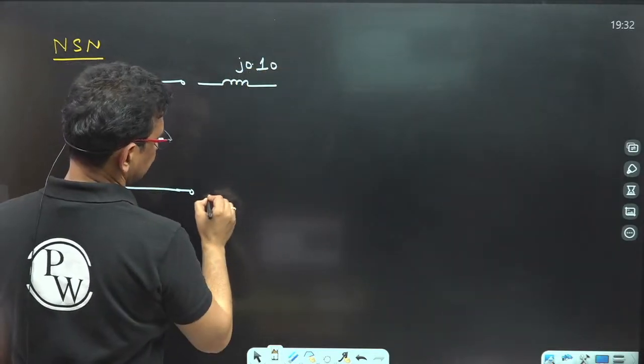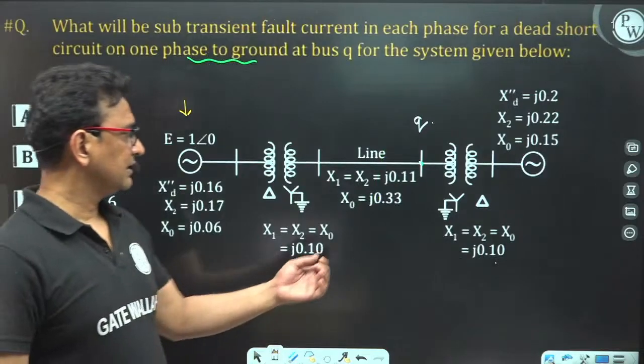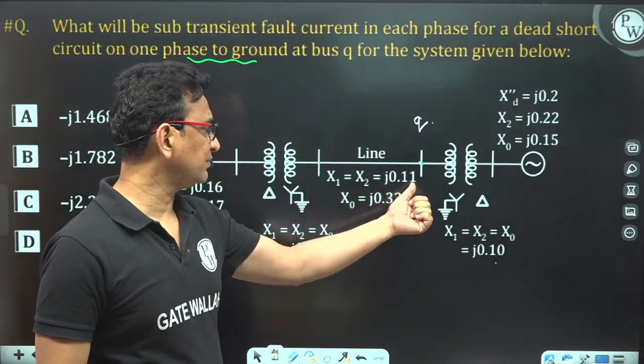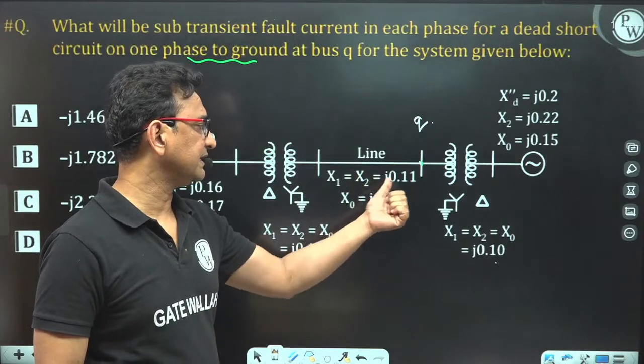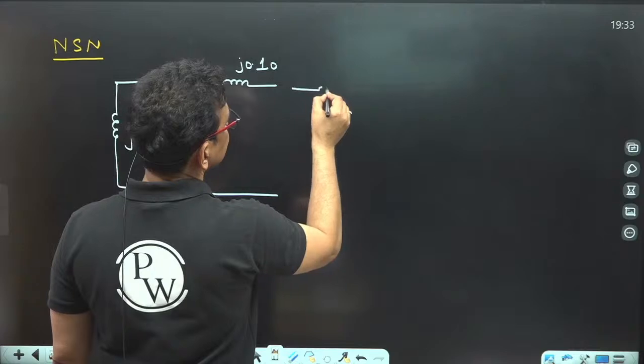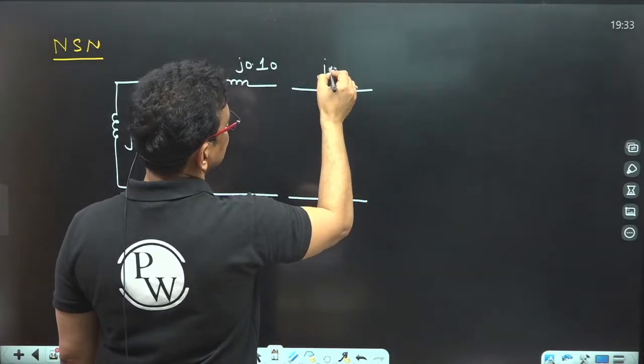Clear? Now, for the transmission line, the negative sequence network is again simply a reactance, because the negative sequence reactance is 0.11, J 0.11.